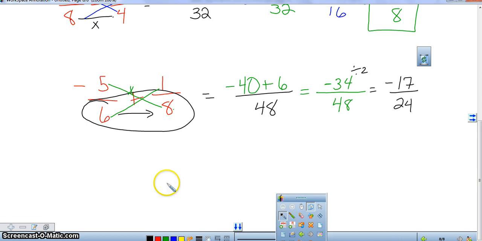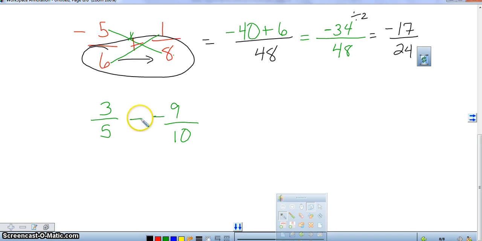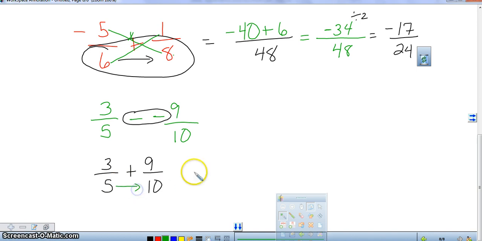Okay, so sometimes you have positives and negatives in there, and you got to do those rules first. So like if you had 3 over 5 minus a negative 9 over 10, what you want to think about is what we did before. Anytime we have two negatives right here, so let's write this as 3 over 5. Instead of saying minus a negative, we just make it plus 9 over 10. And then we're going to multiply these because they're different. So 5 times 10 is 50. 3 times 10 is 30.